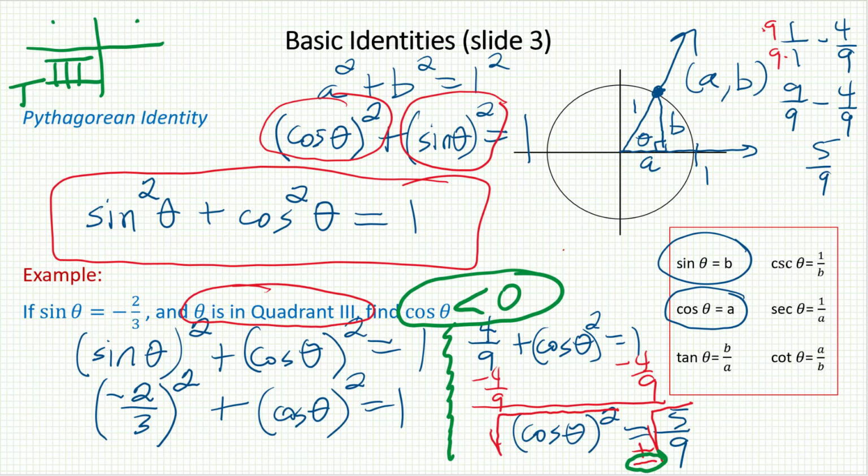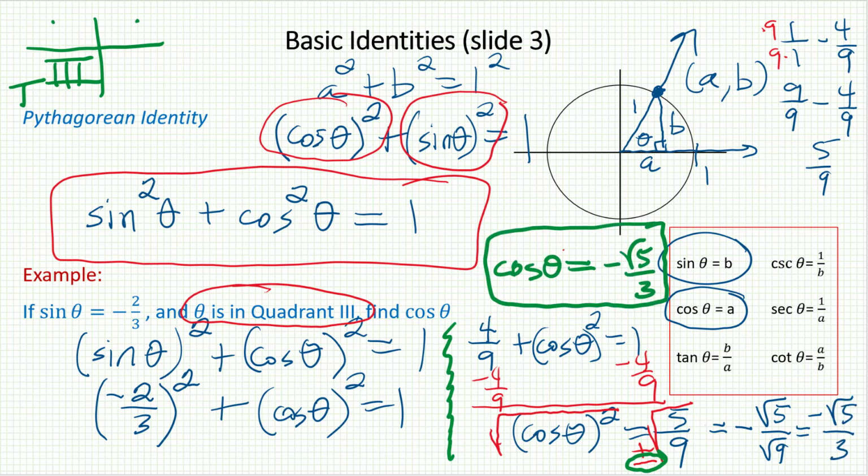I would suggest always write down the plus or minus and then circle your choice. All that's left here is to simplify. I know the answer is negative. I can split the square root into two pieces. And then the square root of 9, of course, has a nice answer. And so what I have determined is that cosine theta is equal to negative square root of 5 over 3. Make sure you practice this a lot. Thanks for watching.